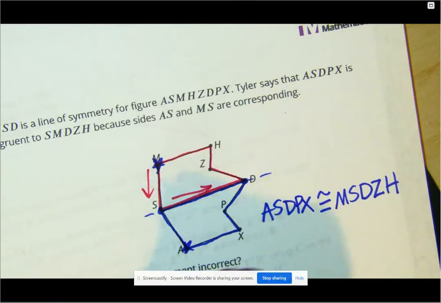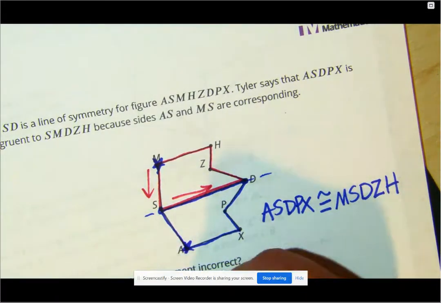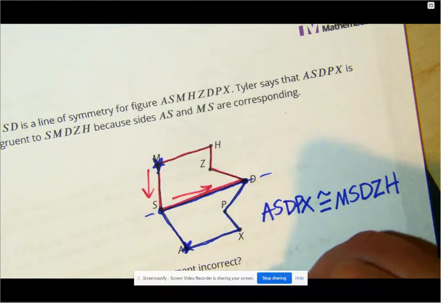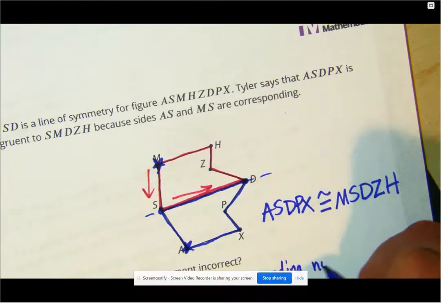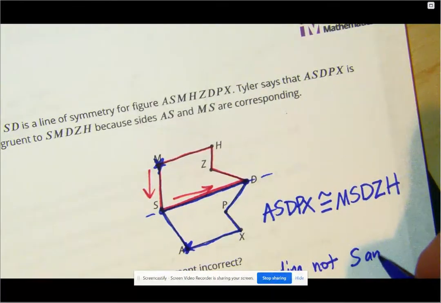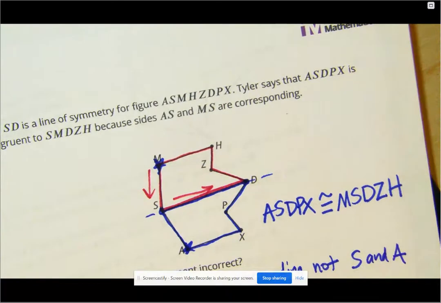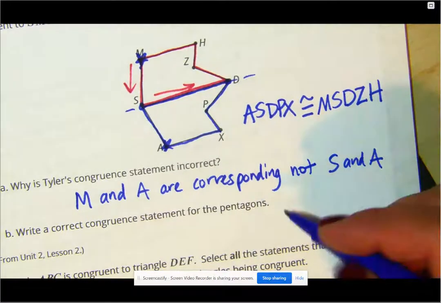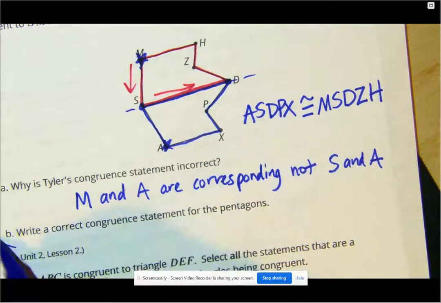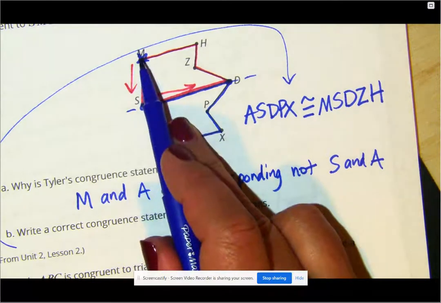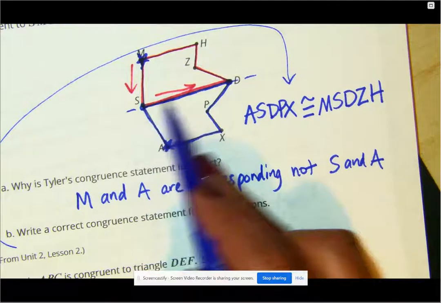So M and A are corresponding, not S and A. Oh, I can't see my writing, sorry. And then the correct statement is right here. We already made it. I'm just going to arrow right here. He said S to M. Should have been M to S, then to D.